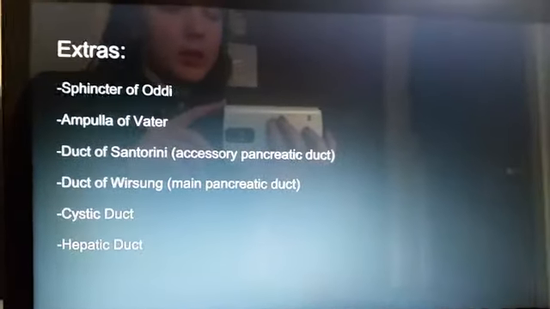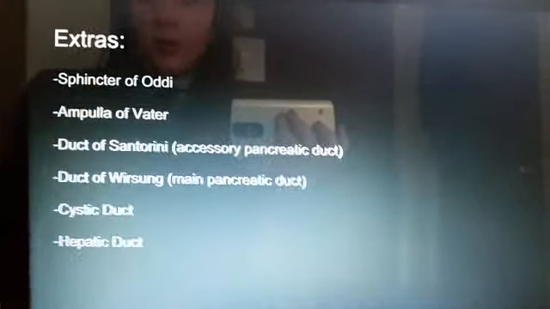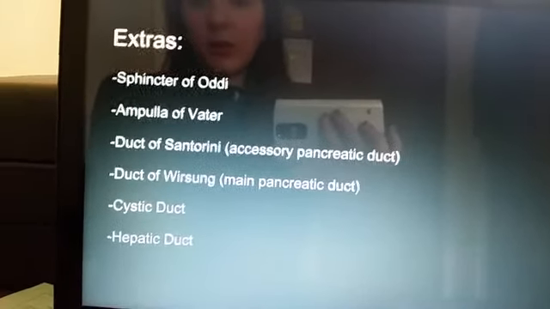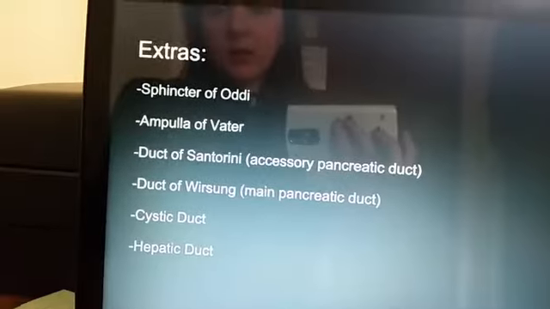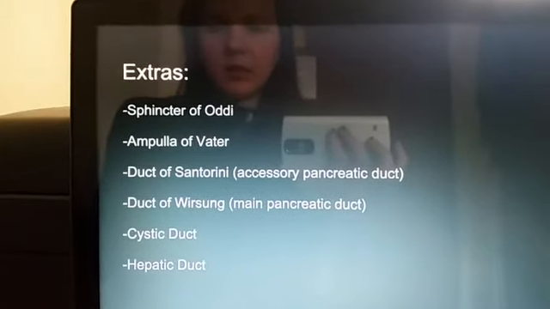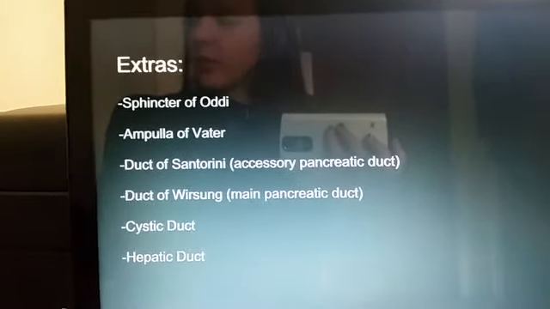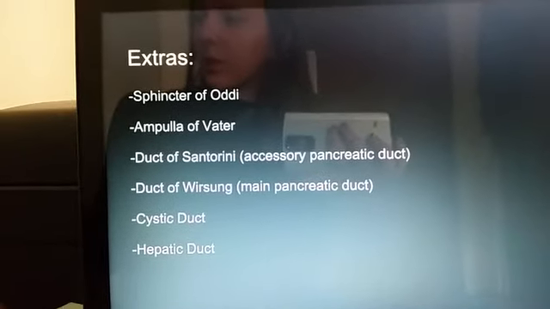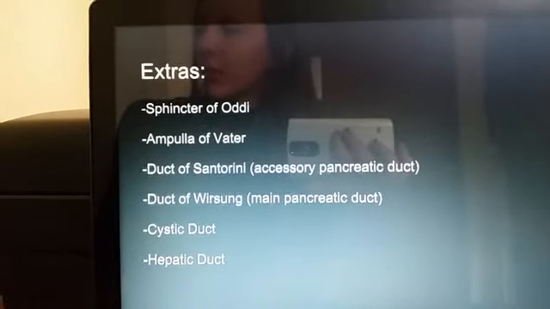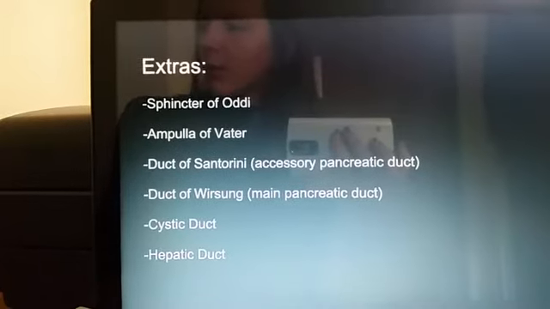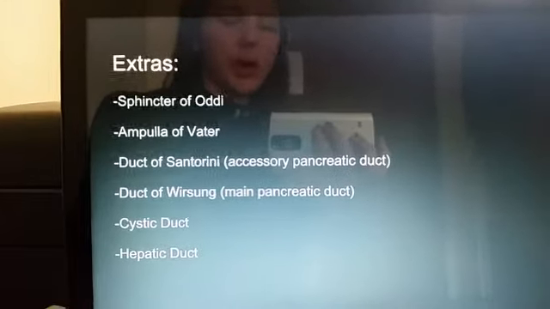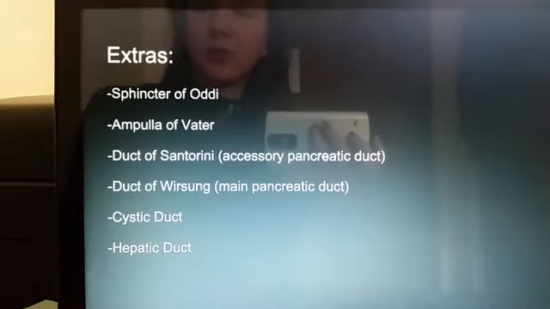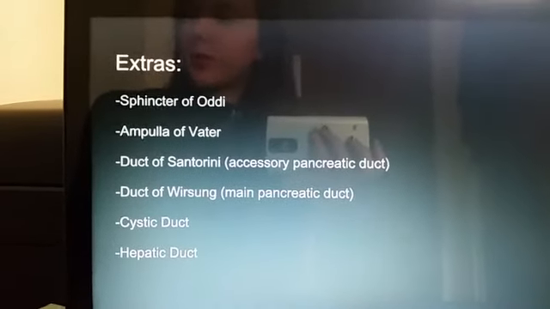While looking at the digestive system, you may also notice a few extras, including the sphincter of Oddi, the ampulla of Vater, the duct of Santorini, the duct of Wirsung, and the cystic duct and the hepatic duct. The sphincter of Oddi is a muscular valve that is located just prior to the ampulla of Vater and helps control digestive flow in the duodenum.